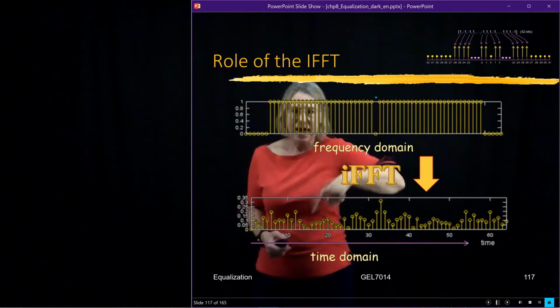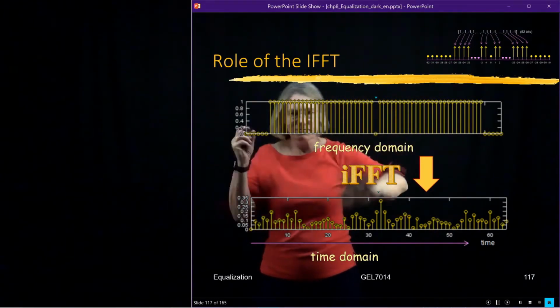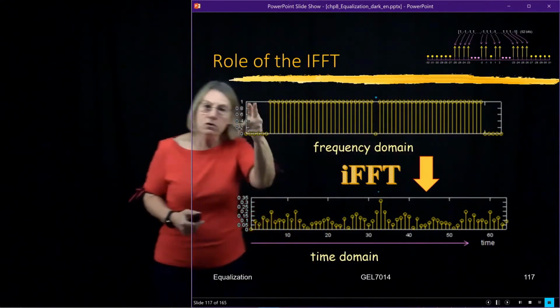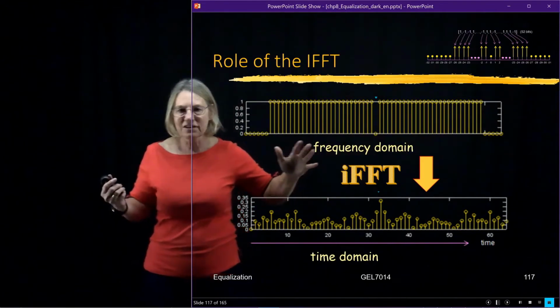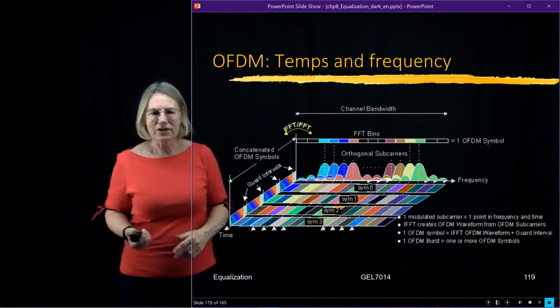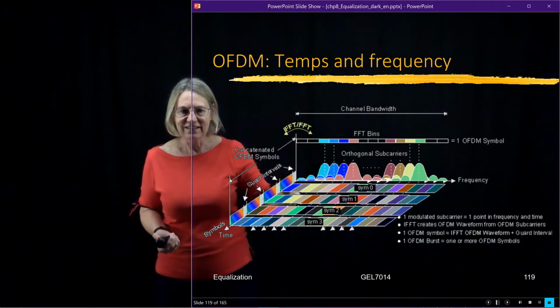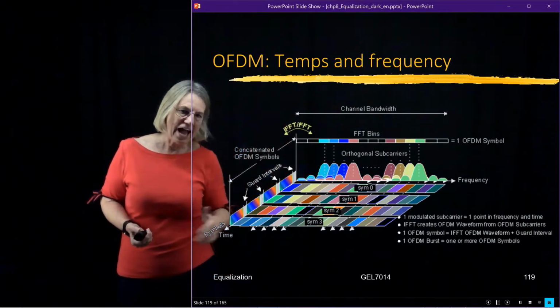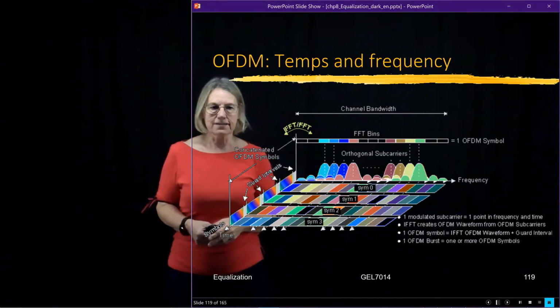Although the time domain signal is going every which way, in the frequency domain my symbol stays the same during the whole symbol transmission, which is why we get these individual colors that stay the same along the frequency axis.